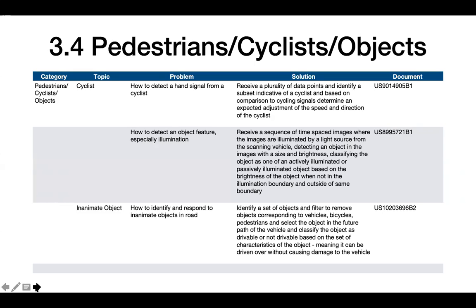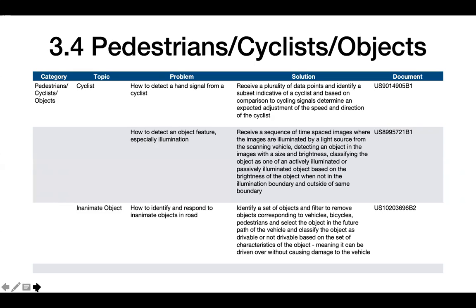And the last row here is how do I identify an inanimate object? In other words, an object that I don't have to slam on the brakes for or run off the road to avoid hitting. How do I identify an object that I can just drive right over and not worry about it?